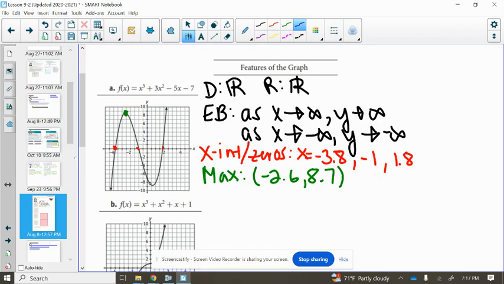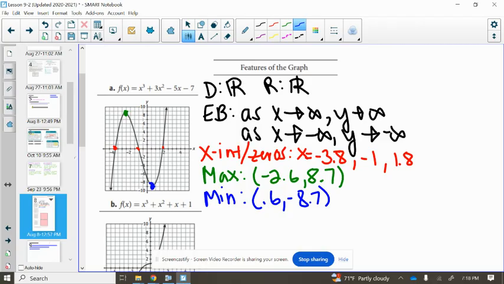We also have what we would call the relative min here, where if we look, we are at about x = 0.6, and then about a y value of -8.7 would kind of be that point that is the smallest on our graph.